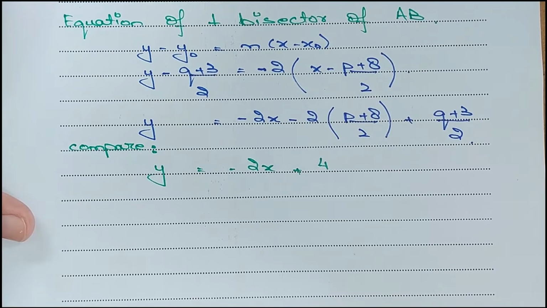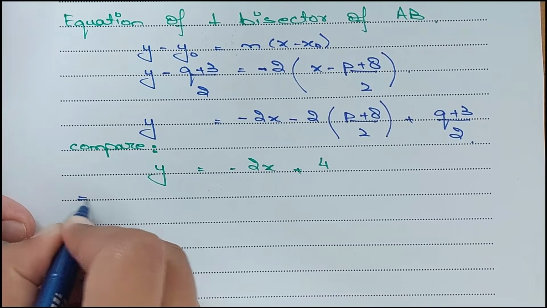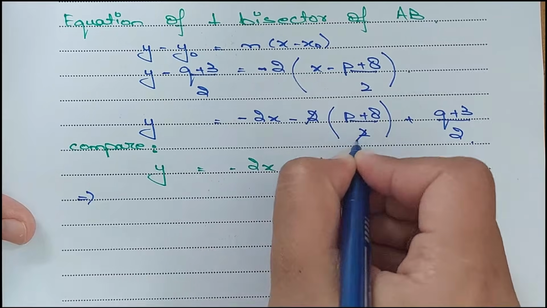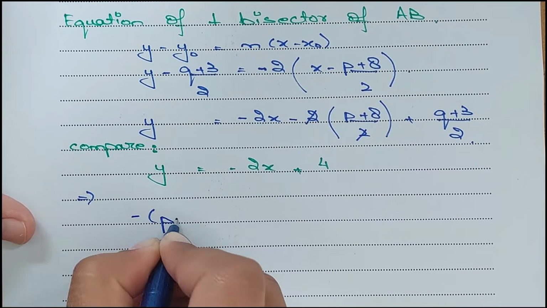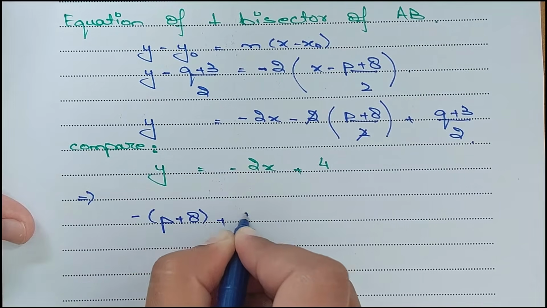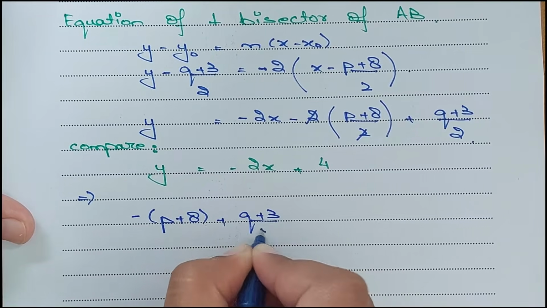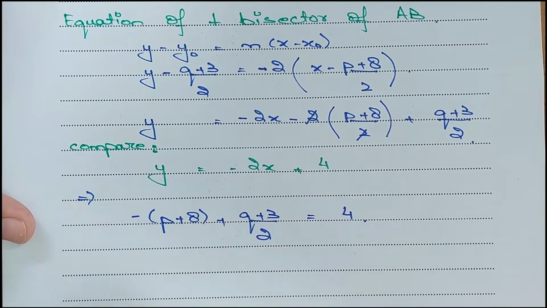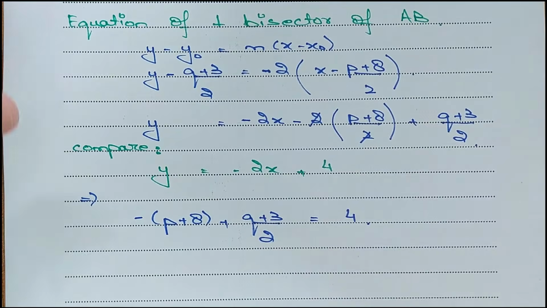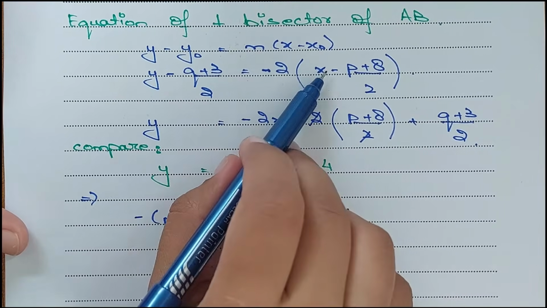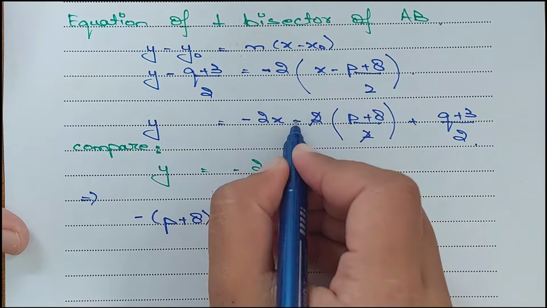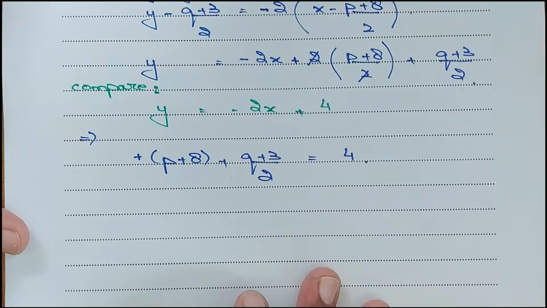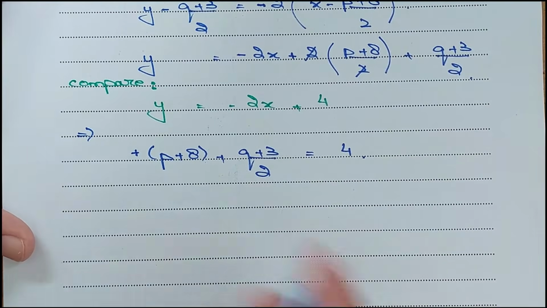Okay, so from here, cancelling the 2, p plus 8 plus q plus 3 by 2 would be equal to 4, right? Sorry, this is not minus. Minus 2 times minus x, minus times minus makes plus. So this is plus, right?